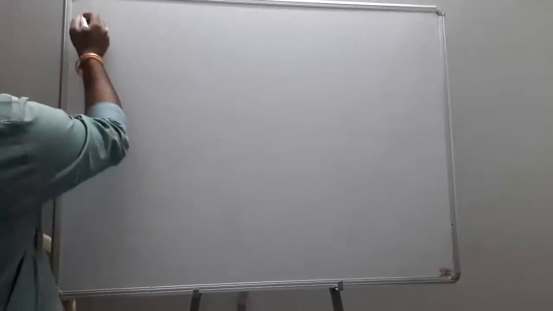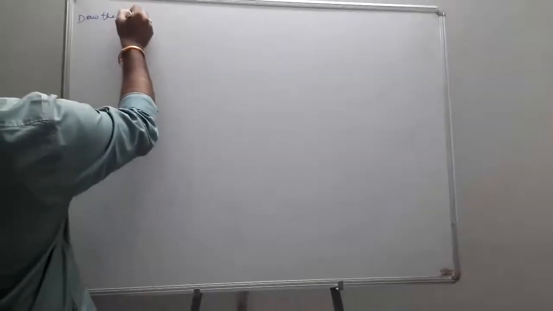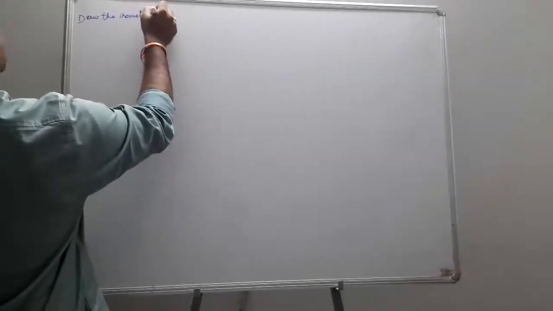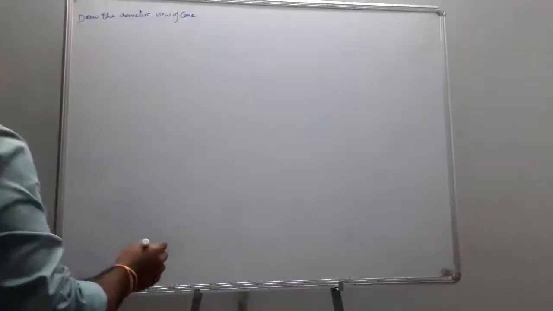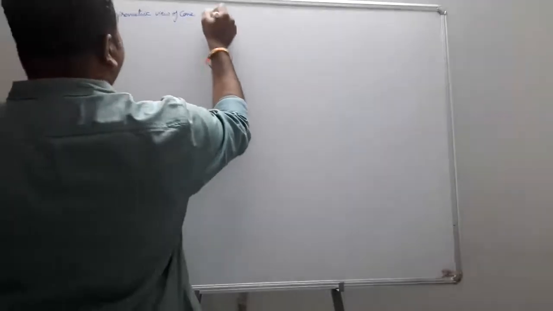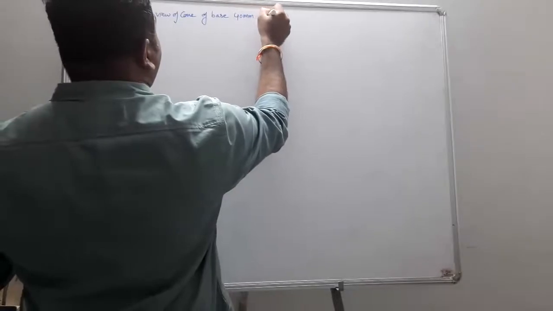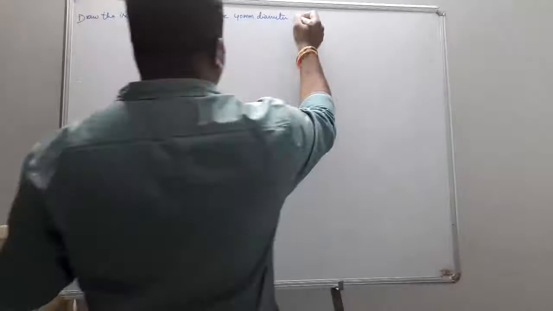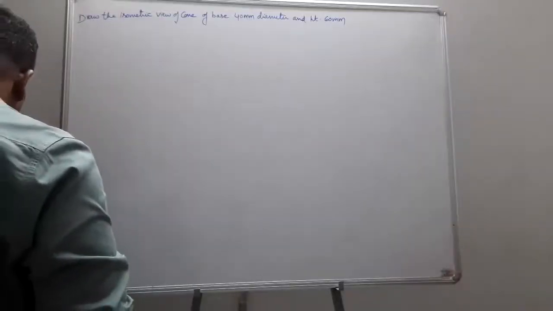So let us see a problem of a cone. Draw the isometric view of a cone of base 40 diameter and height 60 mm, when it is resting with its base on HP.